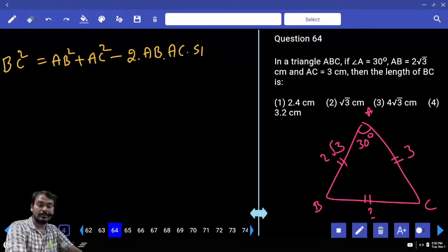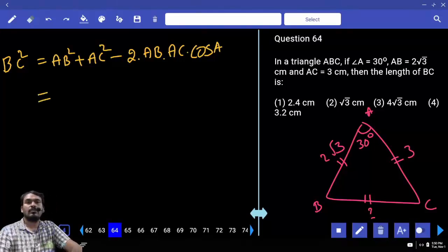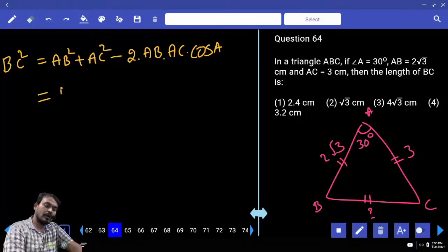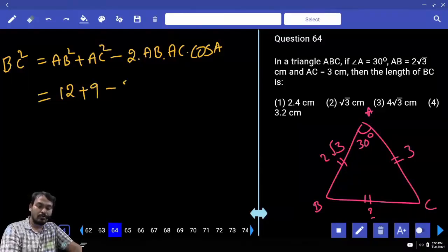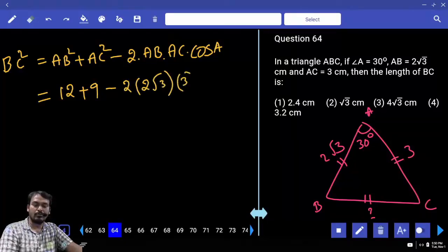Sorry, cos A. Not sine A, it is cos A. What is the AB value given? 2 root 3. What is 2 root 3 square? 12 or not? Next, what is the AC value? 3. 3 square means 9 minus 2 into 2 root 3 into 3 into cos A.